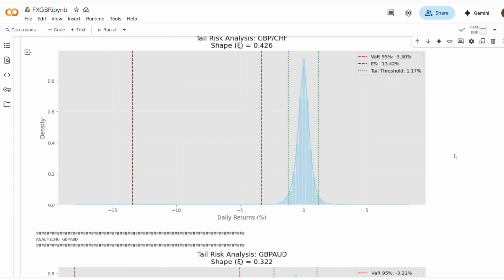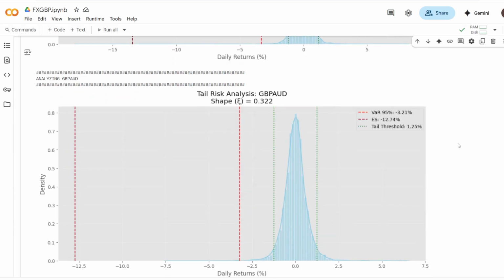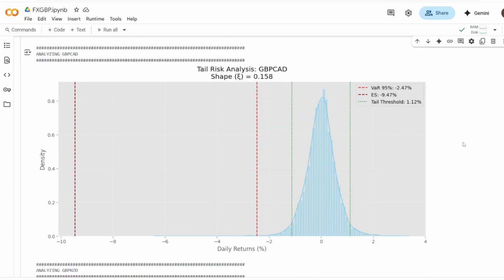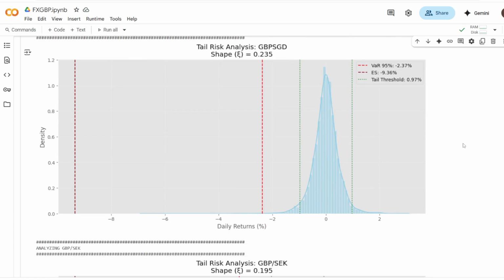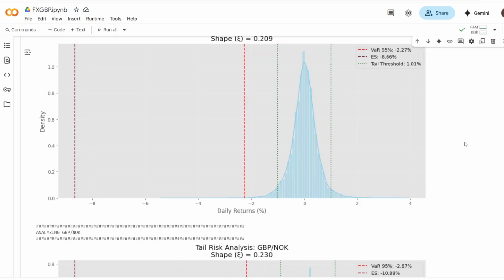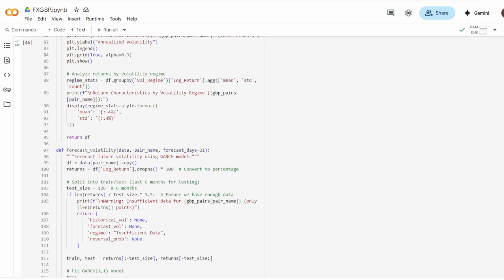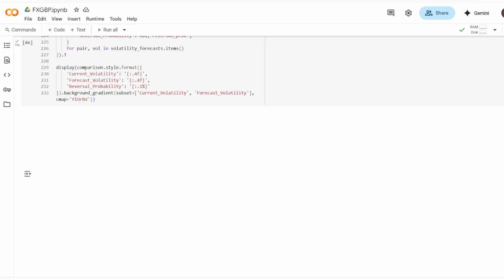Same for pound Swiss franc, minus 13%. These are very huge crashes indeed, but they happen once every 20-30 years, so we can be very comfortable that it's stuff that doesn't happen every day.